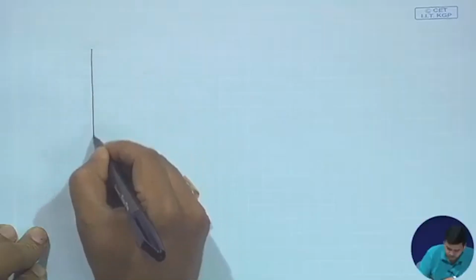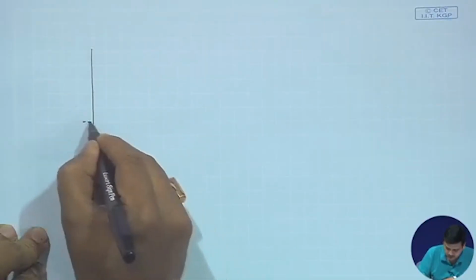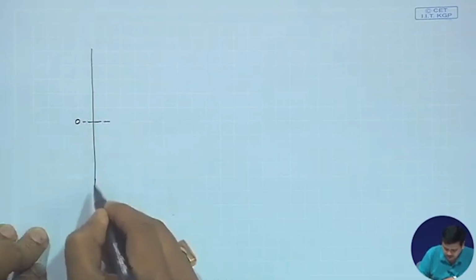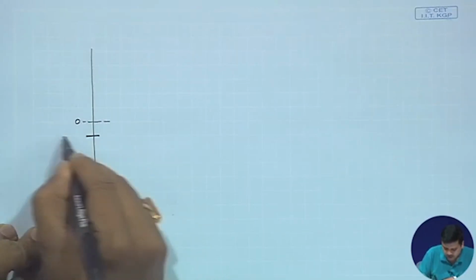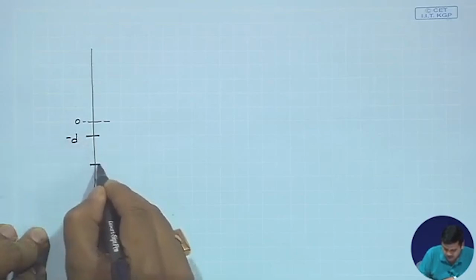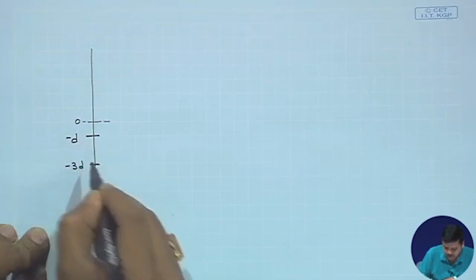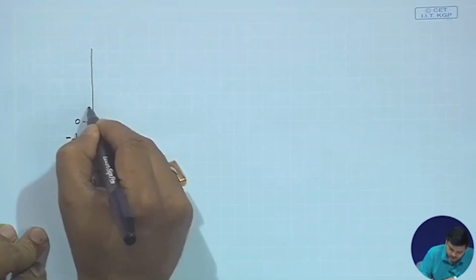So, let us get back to our discussion. Suppose we have the pulse amplitude modulation levels. Let this be 0, let this level be minus d, let this level be minus 3d, let this level be d.